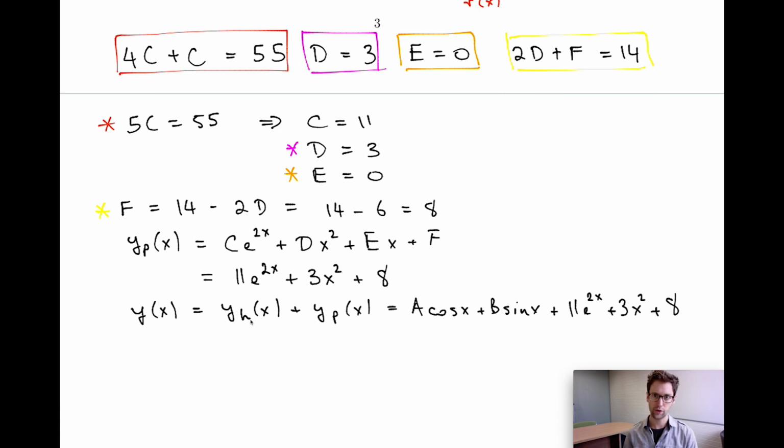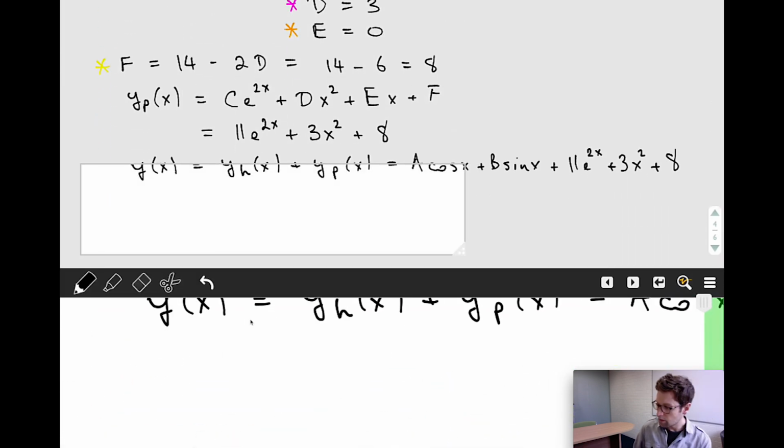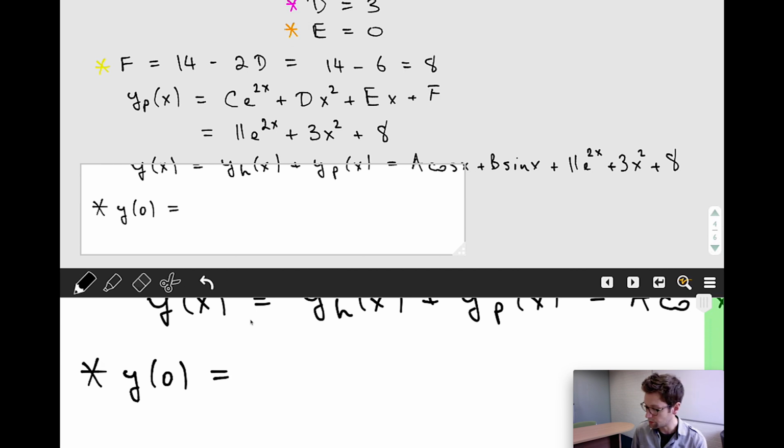So this is a second order equation. I have to have 2 unknown constants that I have to fix using some additional information, some initial information. And we're told in this problem that y at 0 is equal to 20 and y prime at 0 is equal to 28.